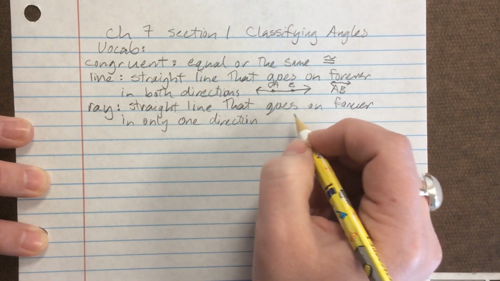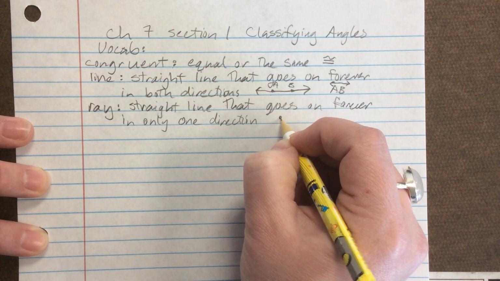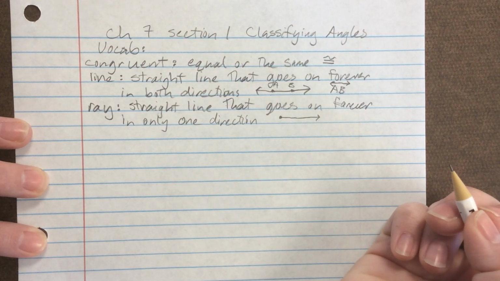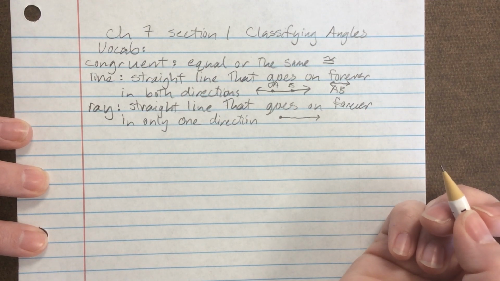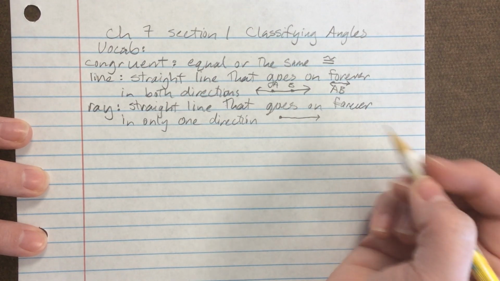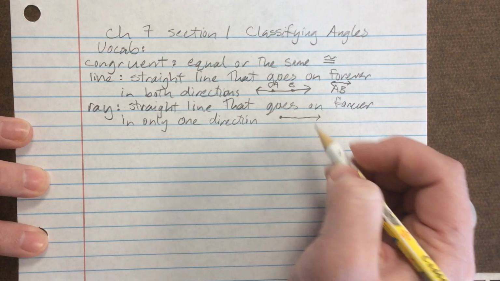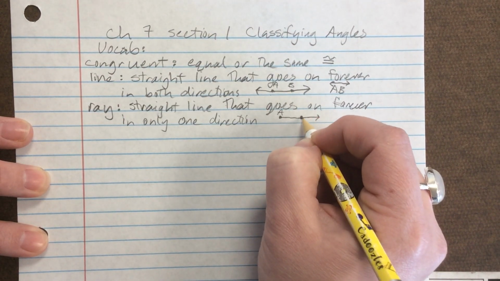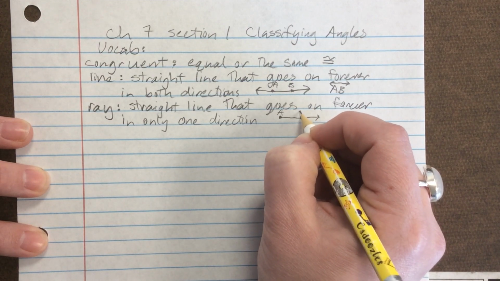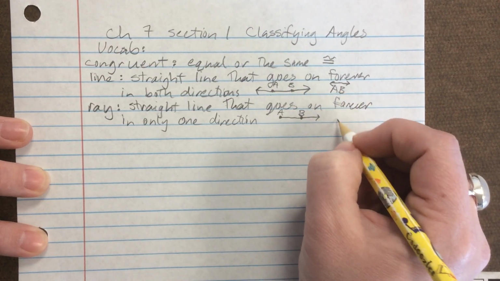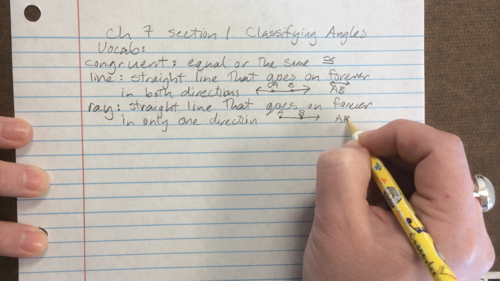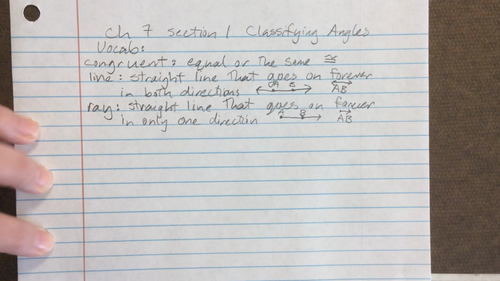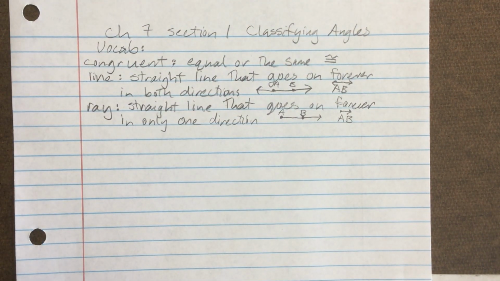Okay, so what that looks like is you'll have a point on one end and then an arrow on the other end. So a lot of the angles we're going to talk about later on in these lessons are going to be actually created from rays. So same idea, that point will probably have a name and we'll put a point somewhere else on there. And when we write it as a symbol, it would be ray AB, and you'd literally just put that same little symbol right on top of those letters.